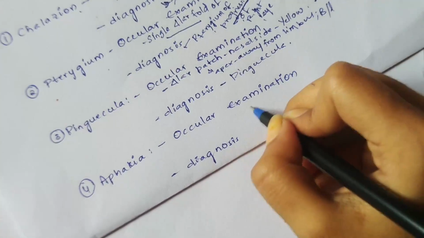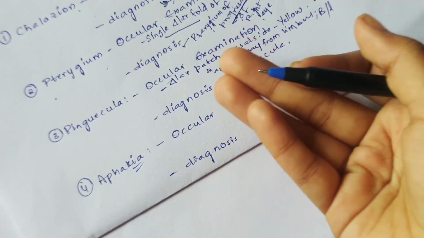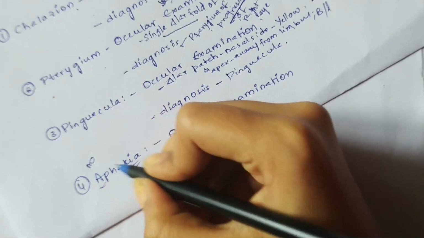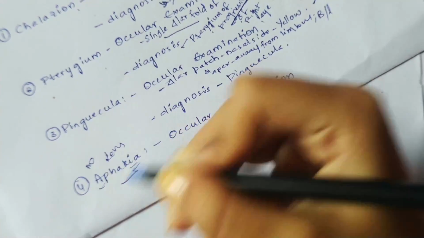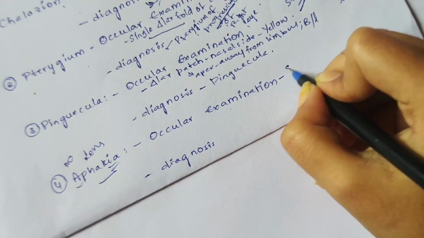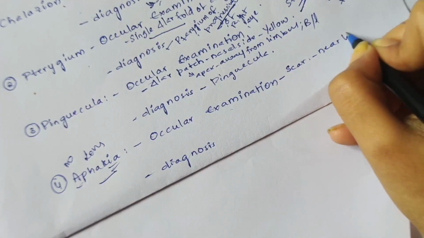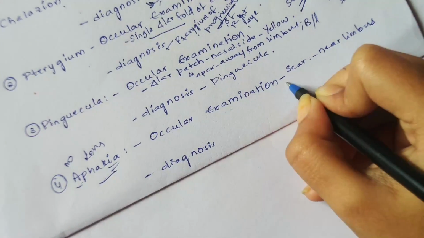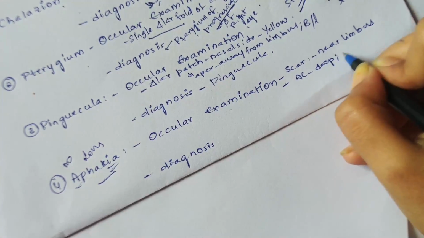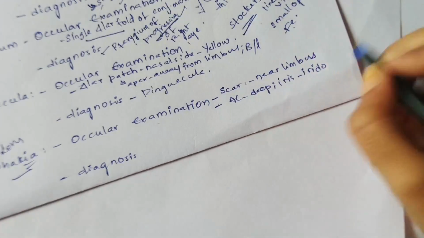And coming to aphakia. Aphakia literally means no lens. And you will see here a scar of healed incision near the limbus. The anterior chamber is deep, the iris is tremulous and iridodonesis is seen.